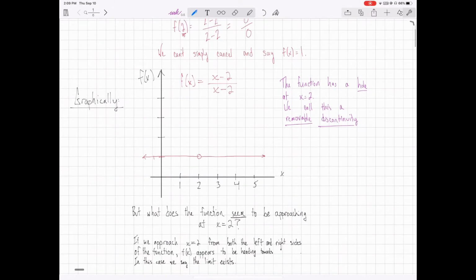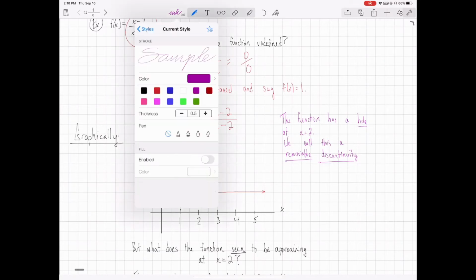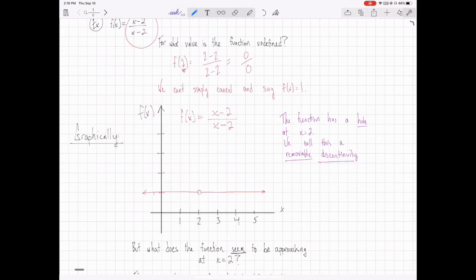So here's the next question. What does the function seem to be approaching at x equals 2? So in calculus, what we're going to talk about a lot are what things seem to be doing. They're not actually doing them, they just seem to be doing that.